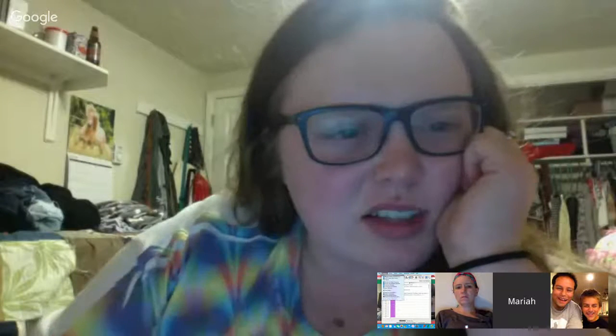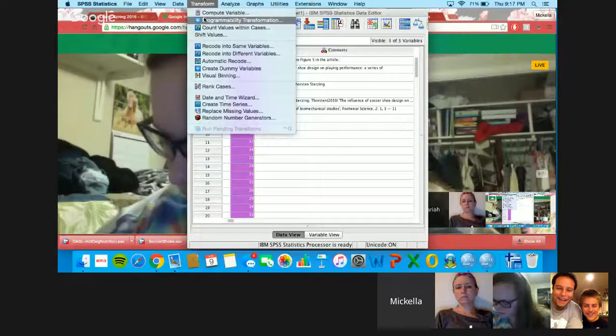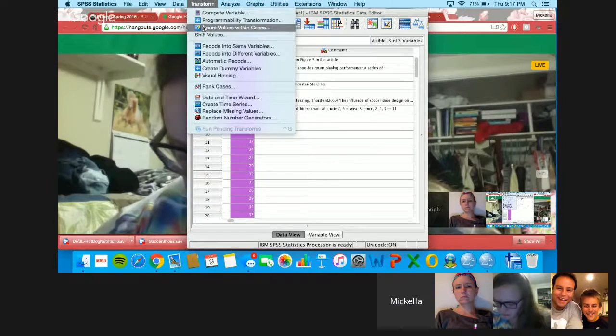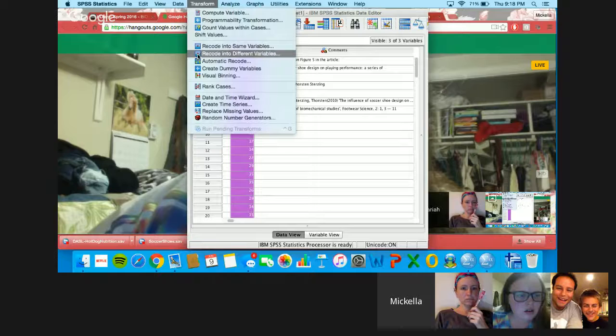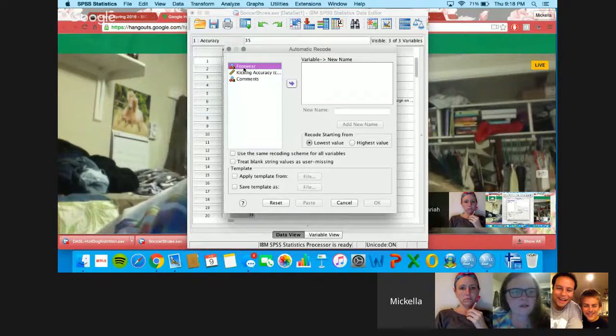Can't really see what that says. I wrote it down. There's compute variable, programmability transformation, count values within case, shift values, recode into same variables, recode into different variables. Oh, automatic recode. It's automatic recode. Okay. Now which one is it? And then I think it's the footwear.